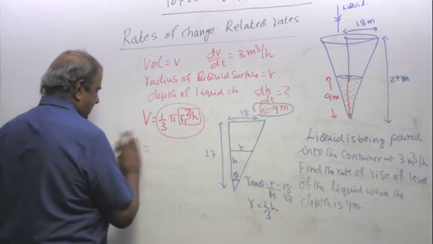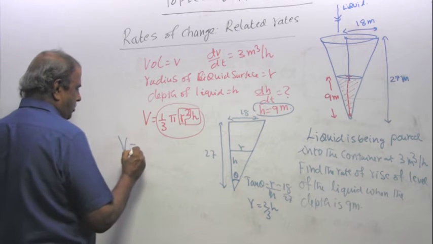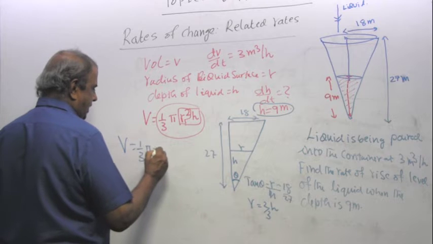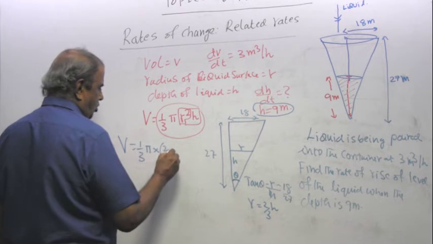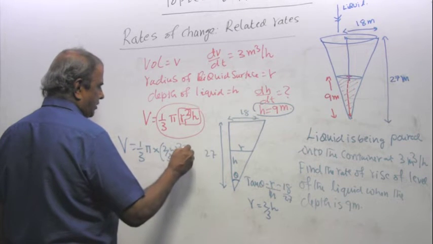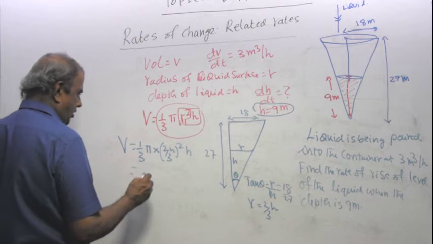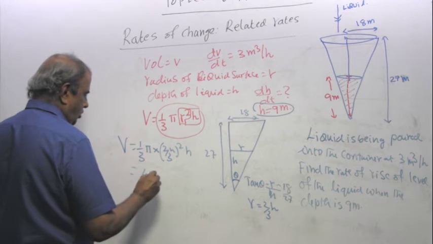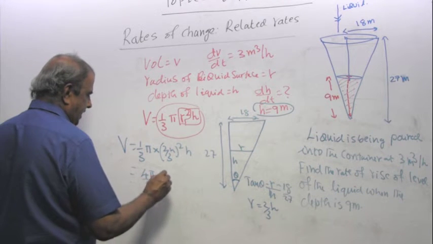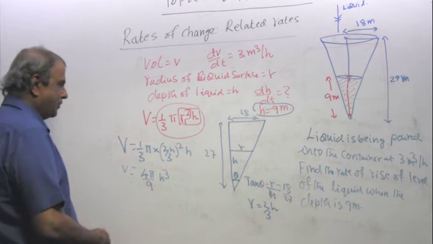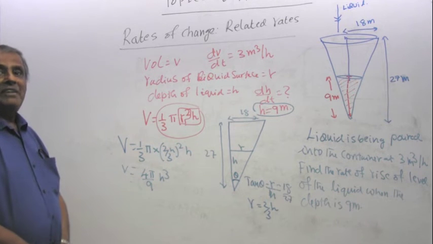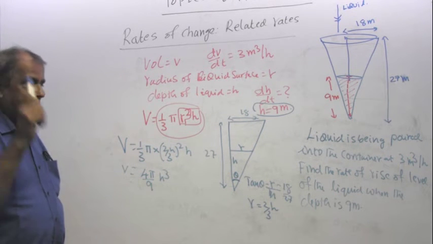So this will come later. So volume equals 1/3 pi times (2 over 3 H) the whole squared times H, or 4 pi over 9 H cubed is the volume. Now I have everything in terms of one variable.